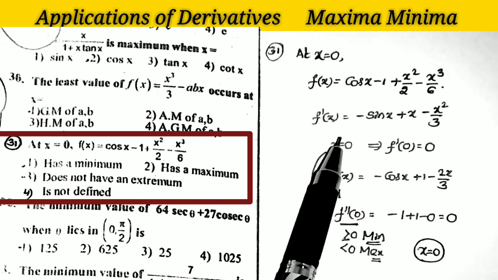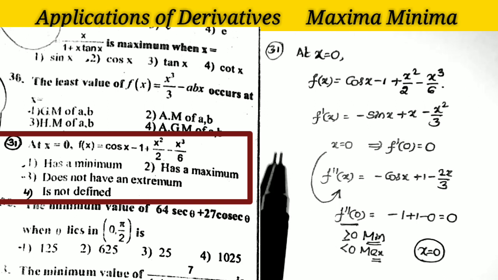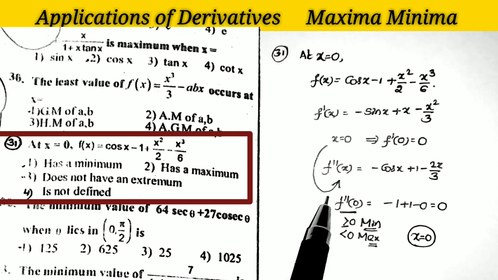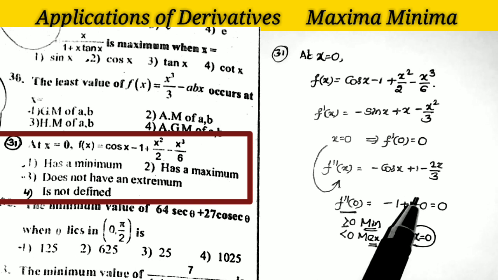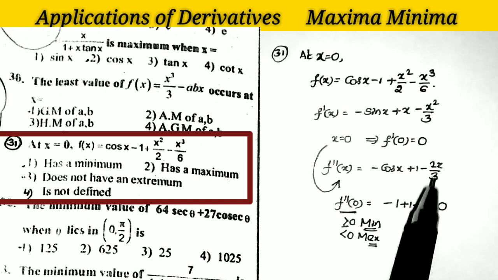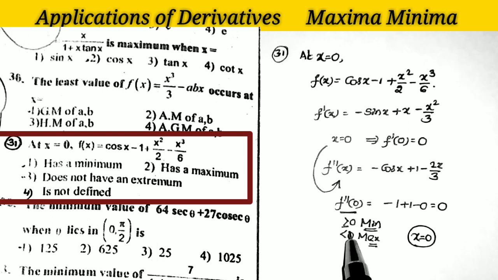Now replacing x is equal to 0 in f double dash of x, f double dash of 0 is equal to minus cos 0, that is 1, and this is 1 and this is 0. So the value is equal to 0. Suppose when we get f double dash of x less than 0, then we can tell that the function has the maximum value.